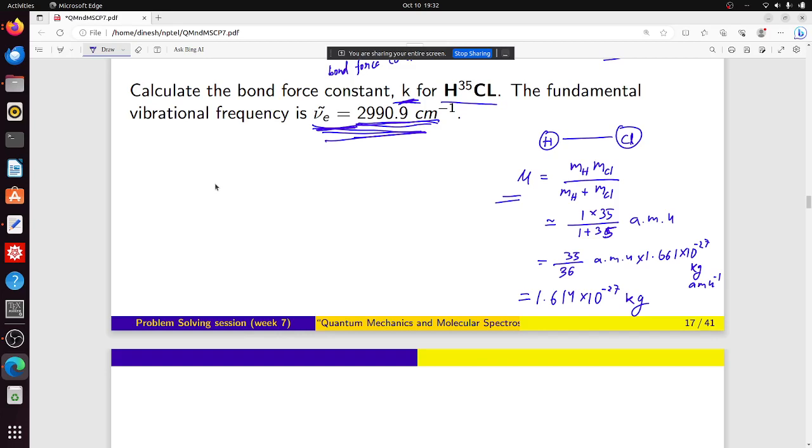Now, from the previous class, if you remember, this fundamental frequency we can write in terms of force constant and effective mass as 1 over 2 pi c times root over k over mu.